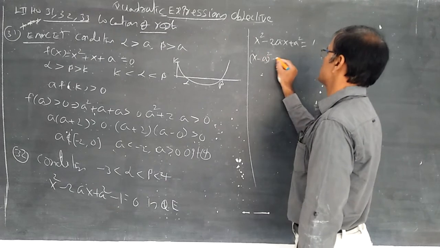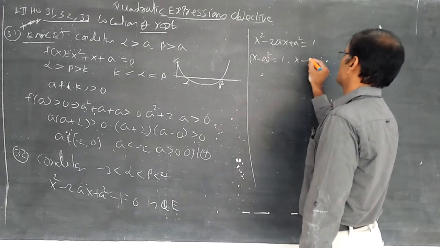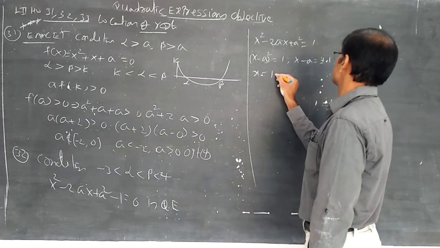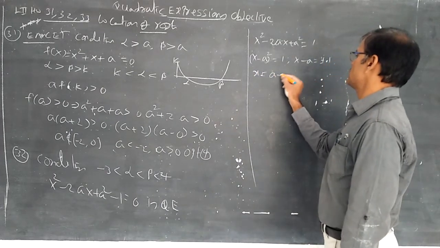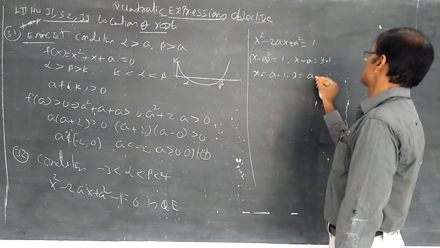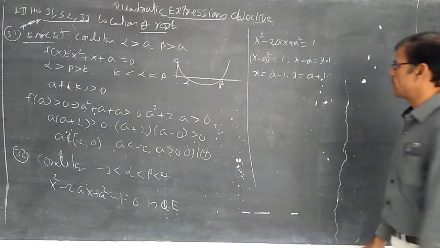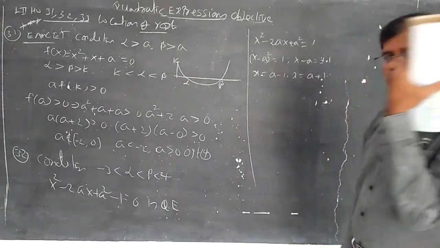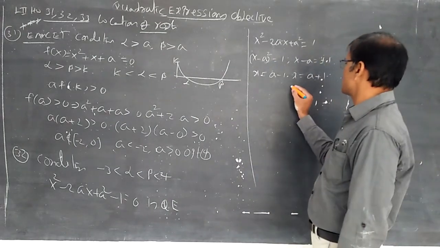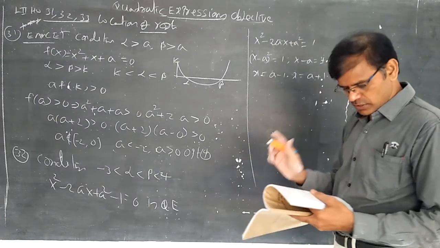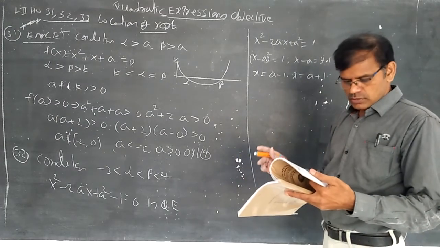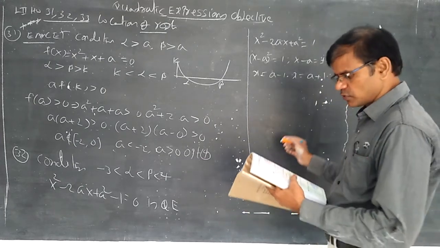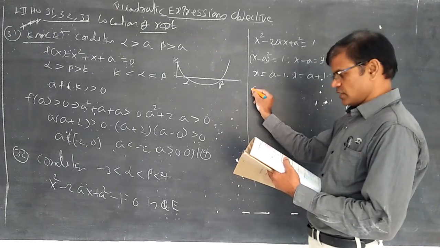So x minus a whole square equal to 1. X minus a equal to plus or minus 1. X is equal to a minus 1, comma, x is equal to a plus 1. So a minus 1, comma, a plus 1. If a minus 1 is the small root and a plus 1 is the large root, smaller greater than smaller and greater than greater, like that we can use the concept of lying in the interval.